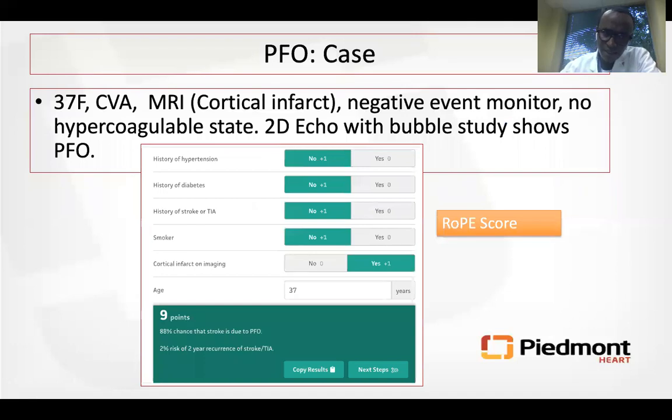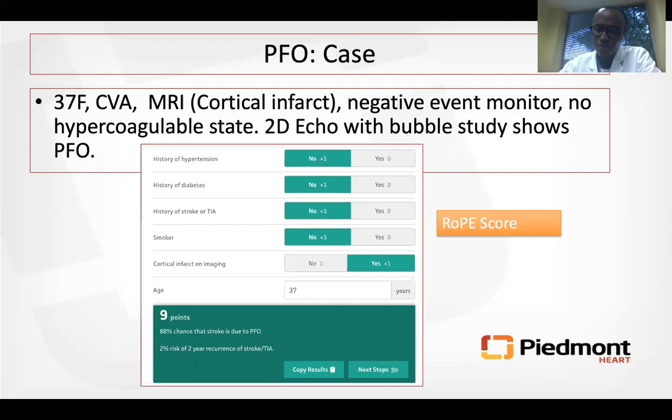This is a patient of mine, a 37-year-old female who had a CVA, or stroke, proven by MRI, and a negative event monitor with 30 days of monitoring, with no evidence of atrial fibrillation. She did not have any other alternative etiology for her stroke.